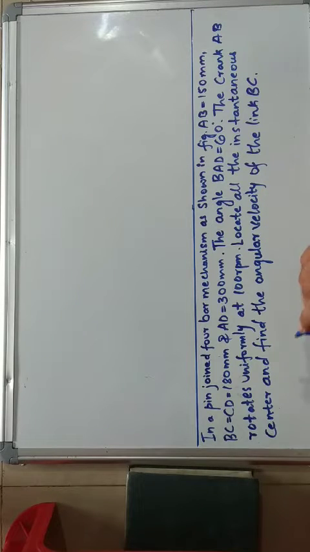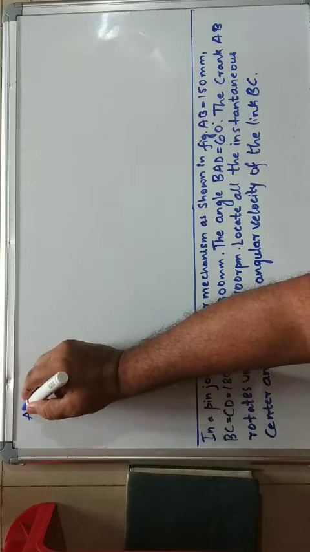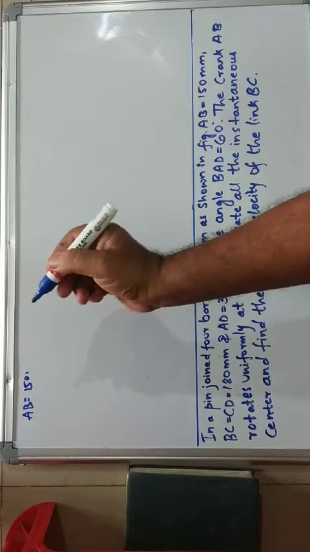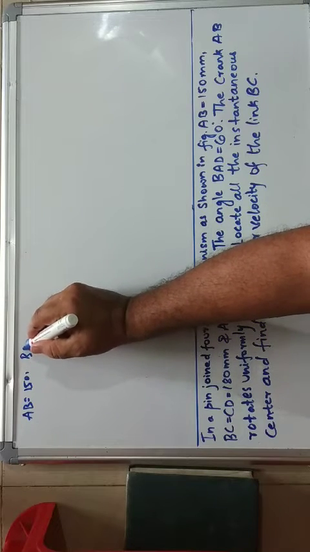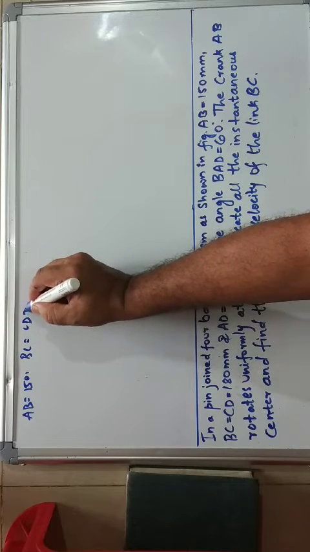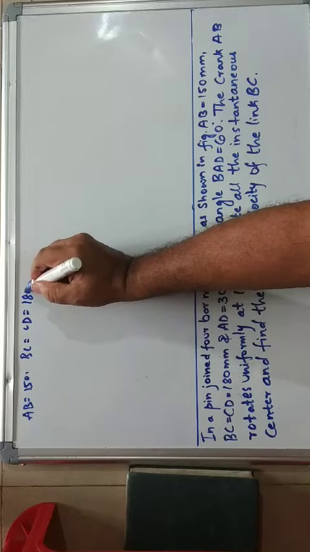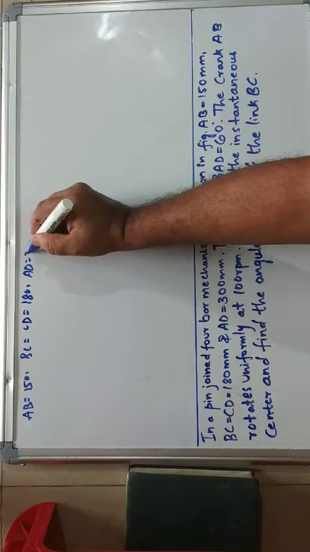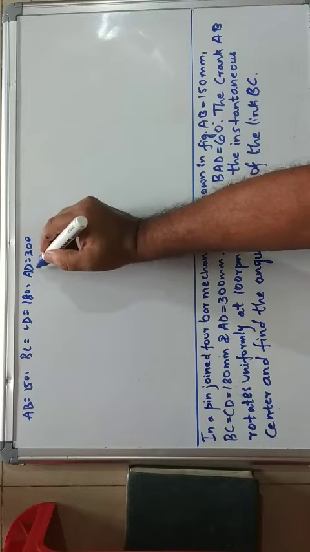Let me write the given data. The first link AB is 150 millimeters. Then BC equals CD, which equals 180 millimeters. Then AD is 300 millimeters. In fact, AD is the fixed link.